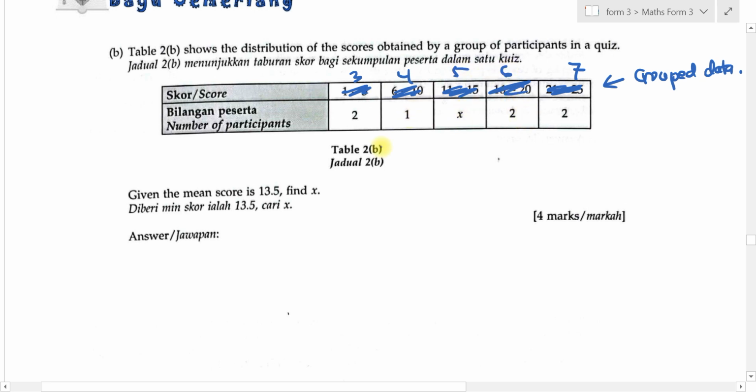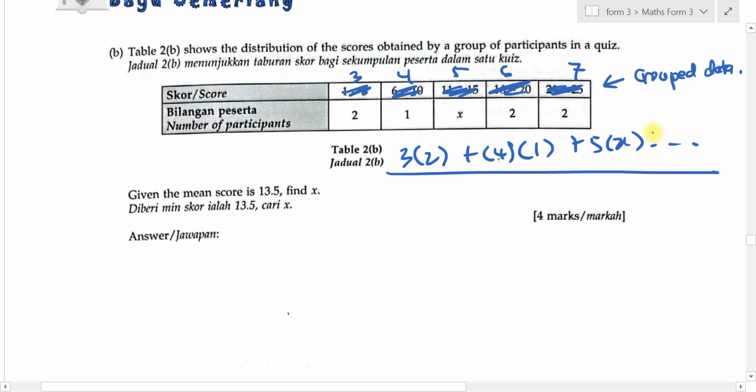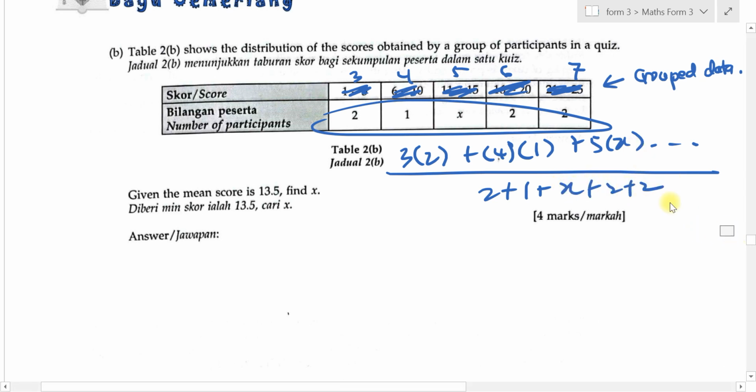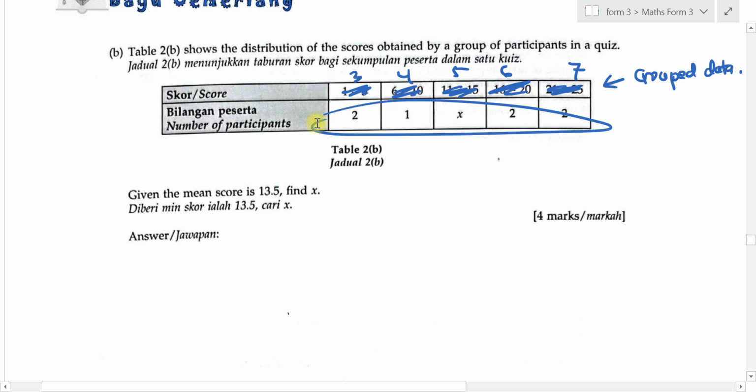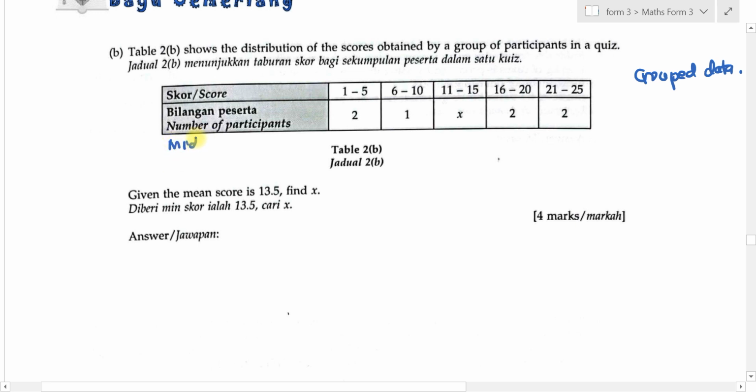Score 6, 2 people. How do we find the mean? 3 times 2 plus 4 times 1 plus 5 times X and so on, divided by the total frequency: 2 plus 1 plus X plus 2 plus 2. We do it like this. But for grouped data, we need to do one extra step here. We need to find the midpoint.